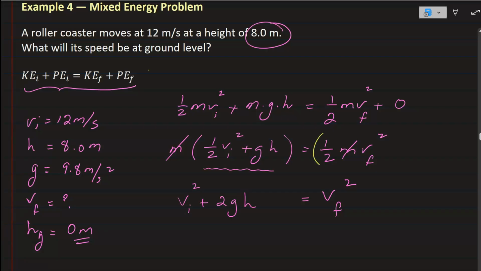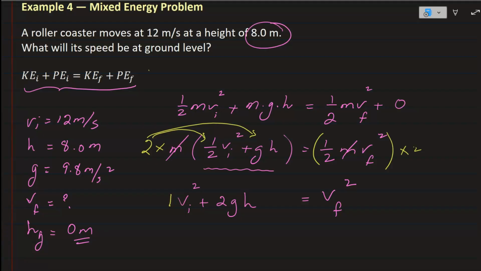So here, this is what we're doing, multiplying by 2 on this side and multiplying by 2 on this side, okay? And this 2 has to be multiplied through each term like that. That's why 2 times 1/2 just gives you 1, okay? And then on the other side, you're just going to get v final squared.